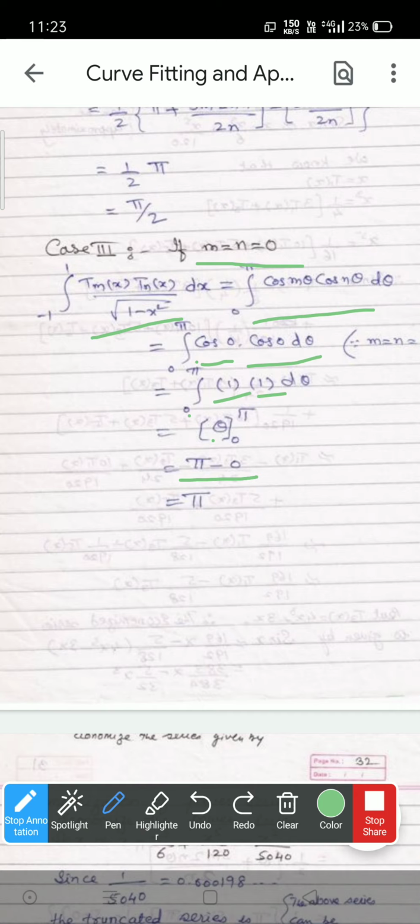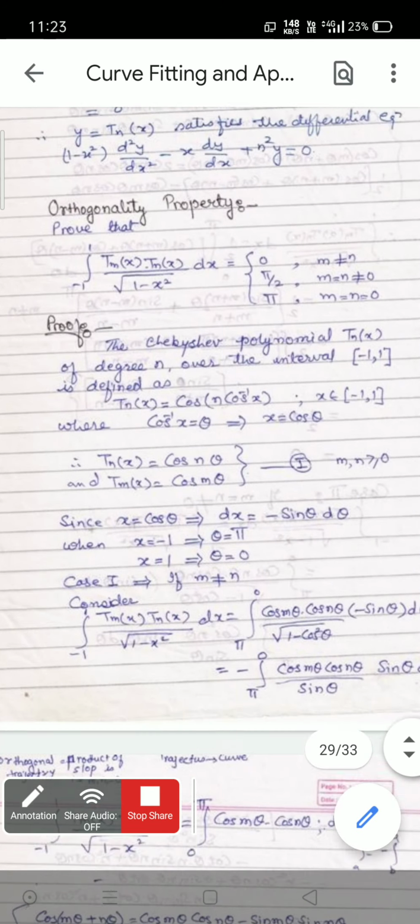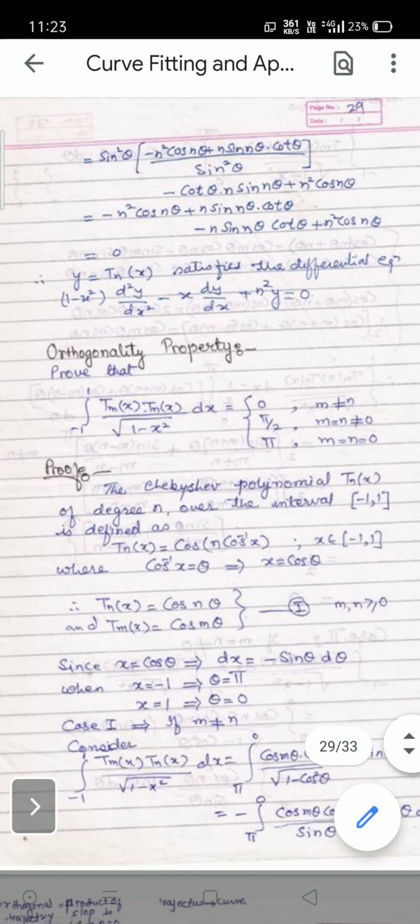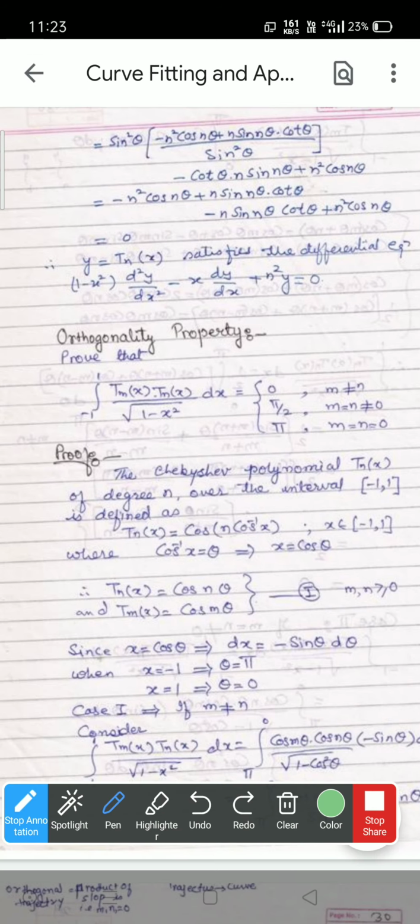So this is pi minus 0. The result is pi. We get all of our results: 0 if m is not equal to n, pi by 2 if m is equal to n, and pi if m is equal to n is equal to 0.